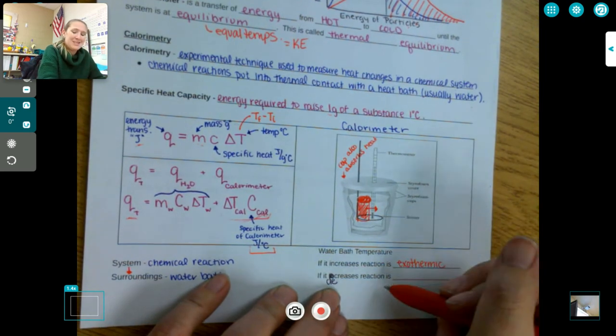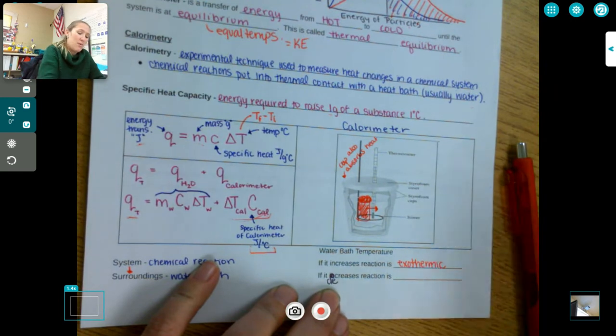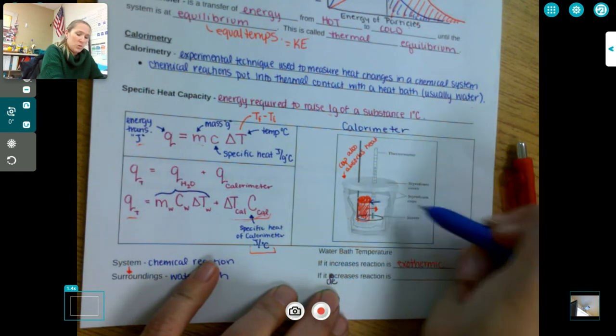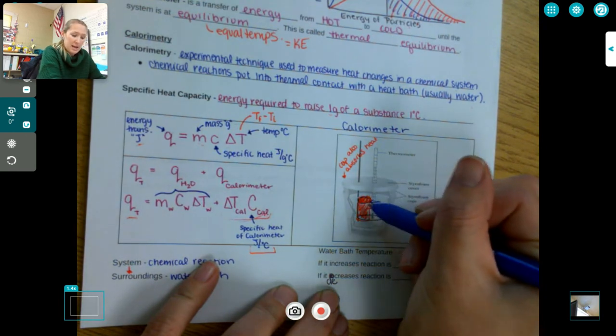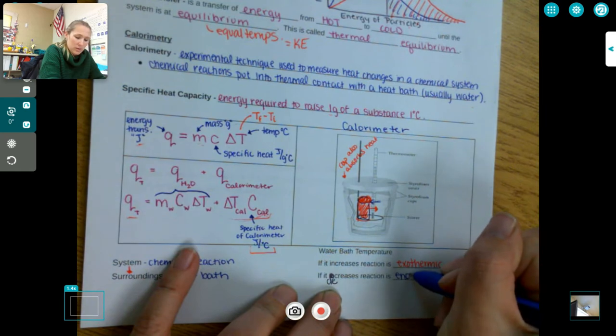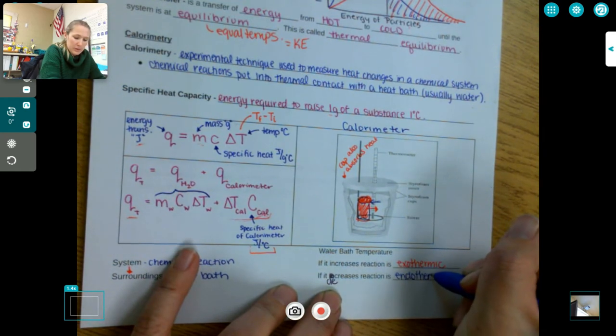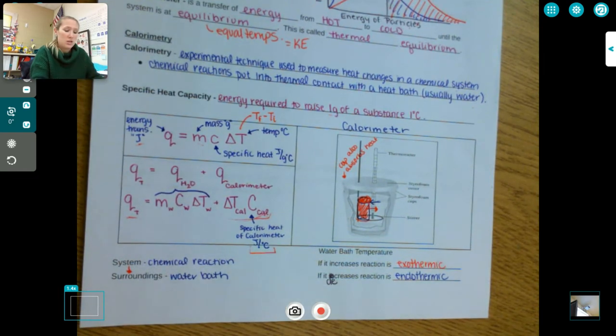If my water bath temperature decreases, that means my heat energy is going from the water into my metal, or my reaction that's happening in here. So that means that my reaction is endothermic because my reaction is absorbing the heat energy from my surrounding water.